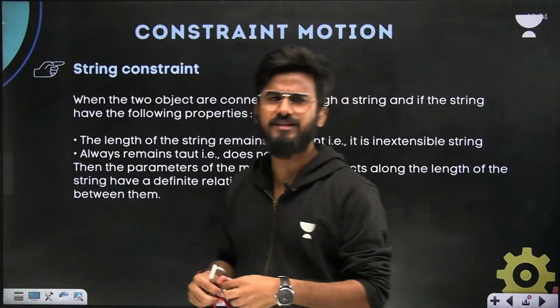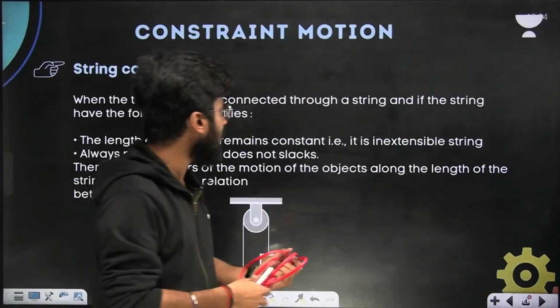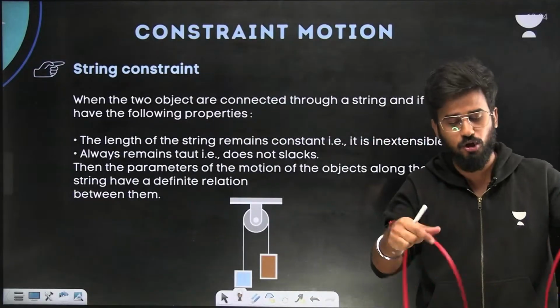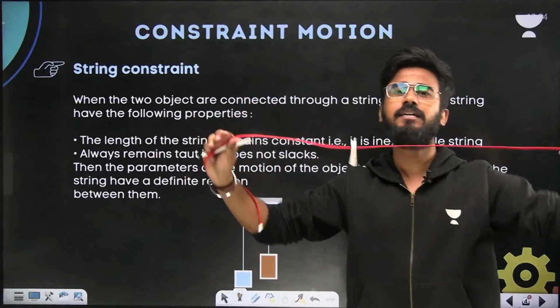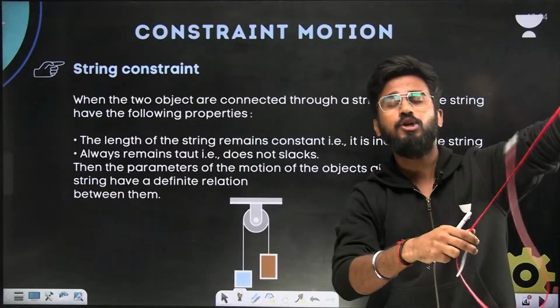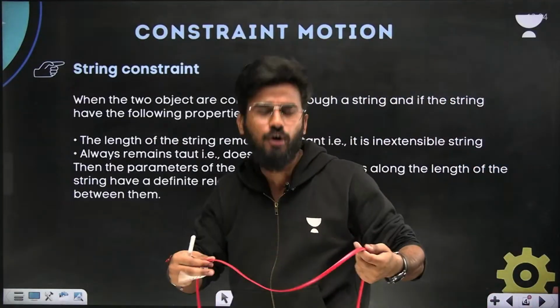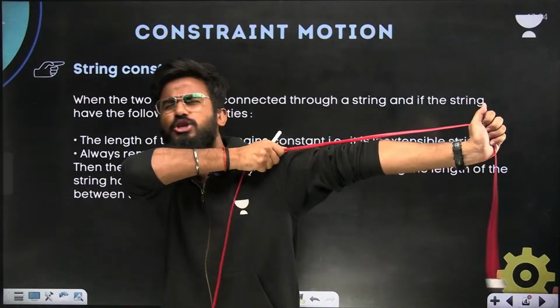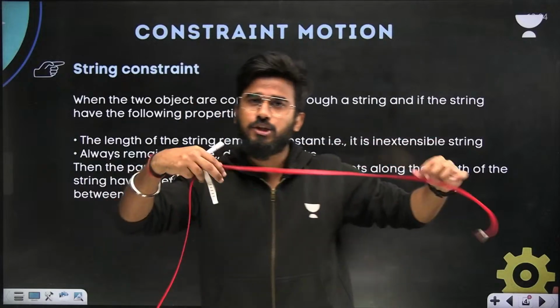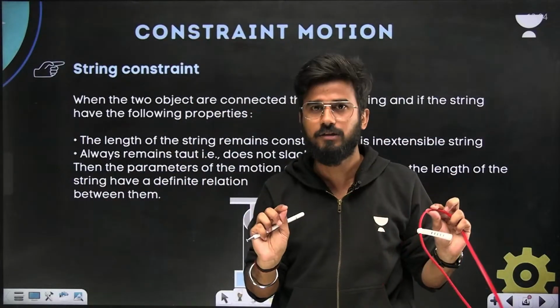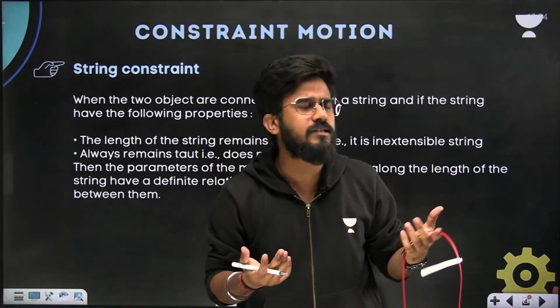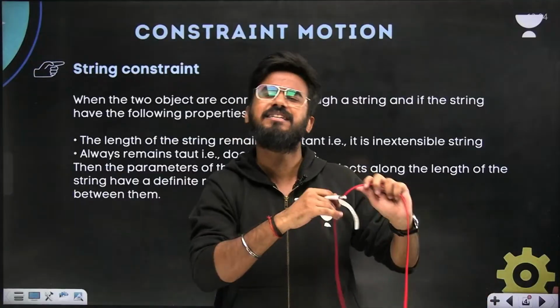We'll talk more about this string, but we'll talk about some assumptions about this string, that this string should be inextensible. What is the meaning of inextensible? Suppose that I'm pulling this string like this, so practically it should extend, whether it is a very solid wire or a rubber wire.